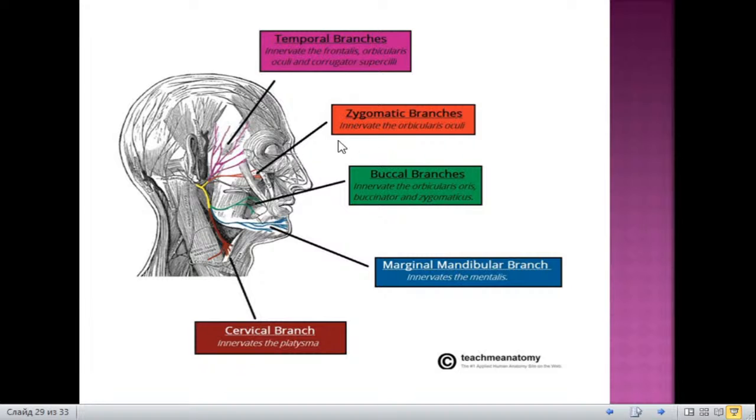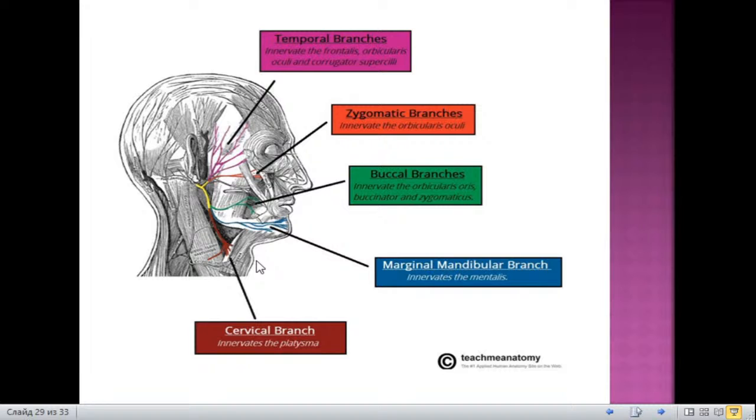Zygomatic branches supply muscles between the eye and nostrils. Buccal branches supply muscles between the nostrils and mouth. After that, marginal mandibular supplies muscles between the mouth and chin, and the cervical branch supplies only one muscle, the platysma muscle.